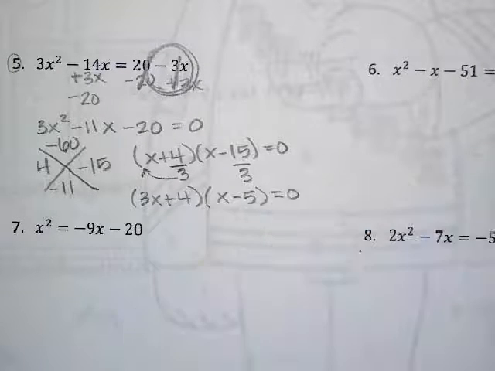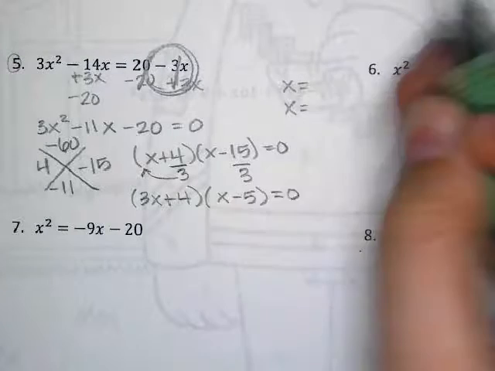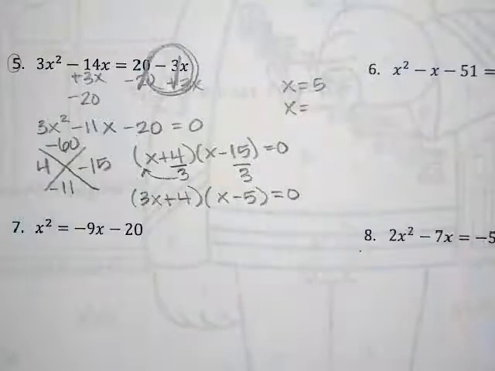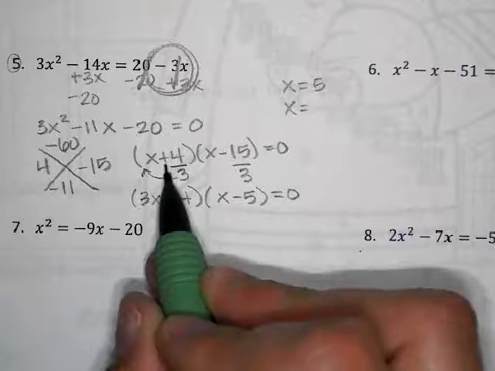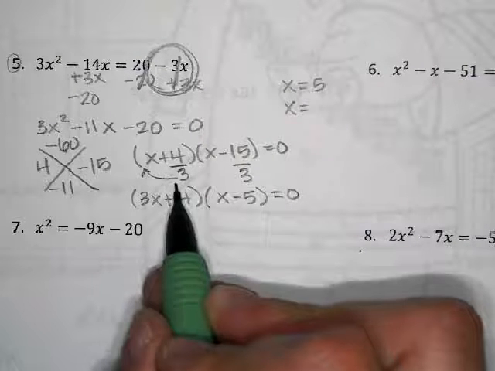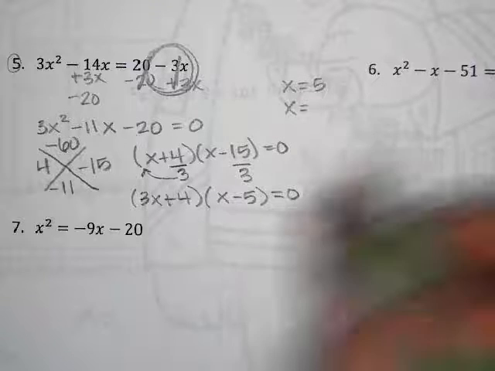So your x is, or one of them is positive 5, okay. You can actually see it up here a little bit easier. You're close. Nope, you're negative 4 over 3.